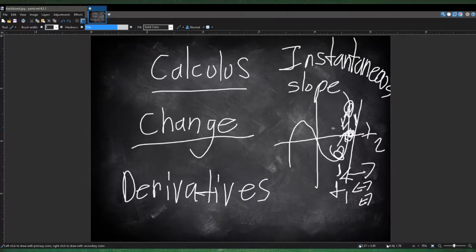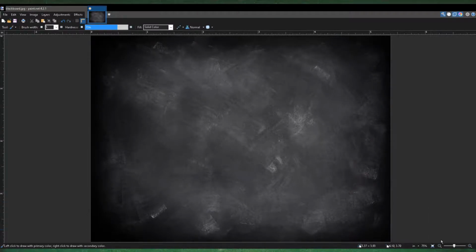And that's the idea of derivatives, which we could use to find, for those position times, velocity. And then for those velocities, we could graph those points to help find the acceleration, which is basically a slope of the change in slope.